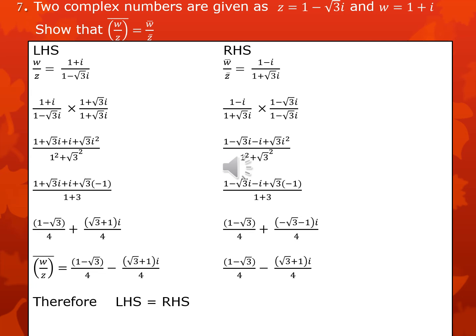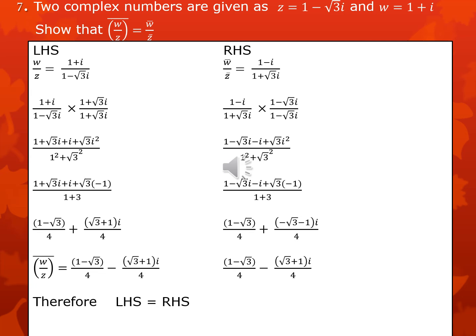For the denominator, we can use the rule a minus bi into a plus bi is equal to a squared plus b squared. So in the denominator, we get 1 squared plus root of 3 squared. Now further simplifying the numerator, we'll have to replace i squared with negative 1.